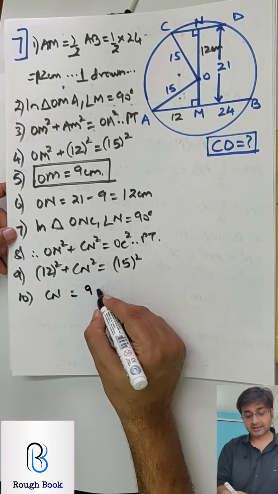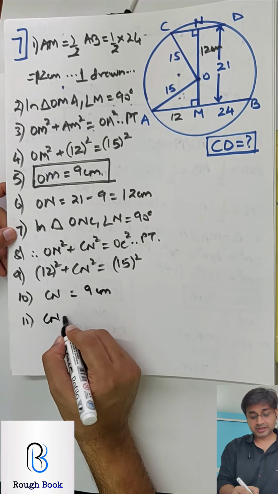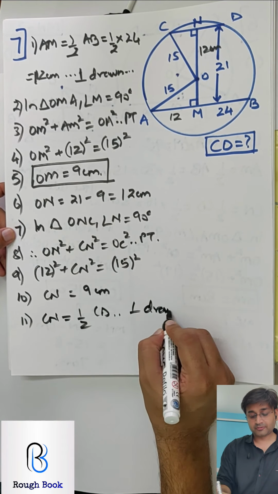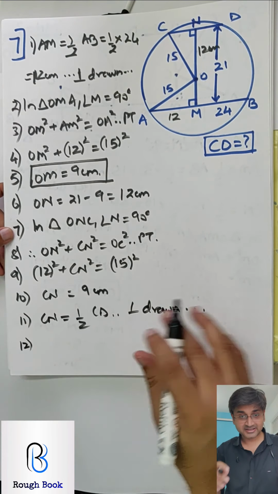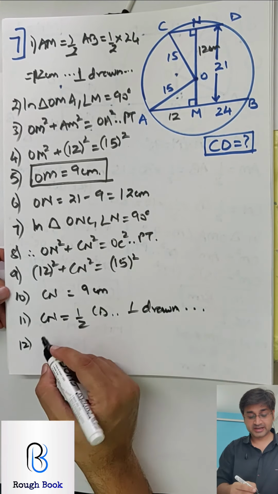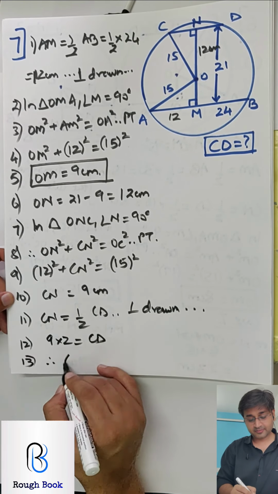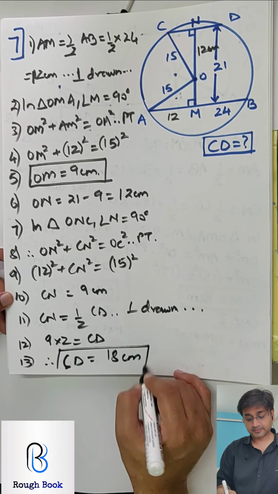So you will get 9 again. You got your CN, now double it. So CN is half of CD. Again, perpendicular drawn from the center of the circle to the chord bisects the chord. Very good. So now CN is 9, into 2 gives CD, and last step, therefore CD becomes 18 centimeters.